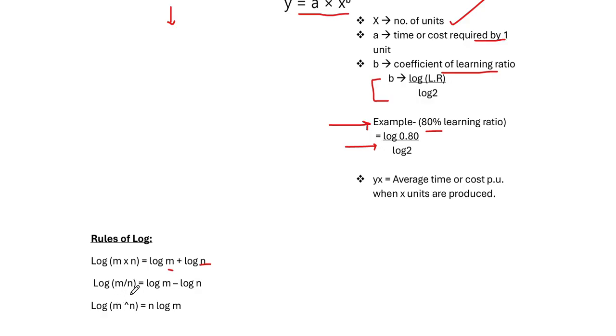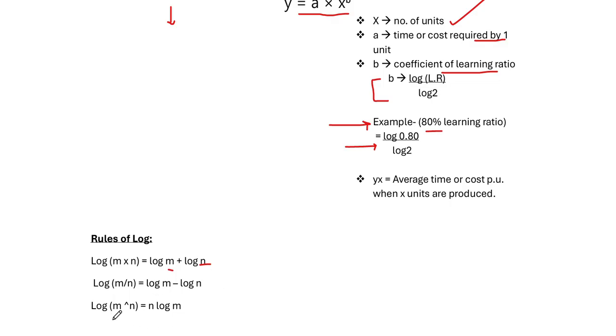Next is log m divided by n, which is log m minus log n. Meaning, when one number is divided by another, their logs are subtracted. Division becomes subtraction in logs.